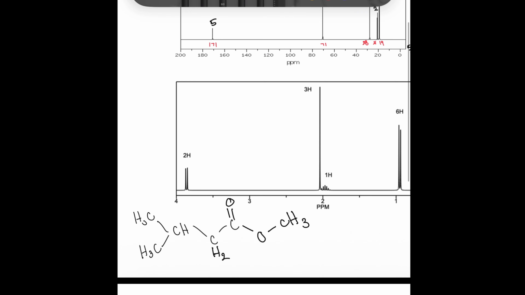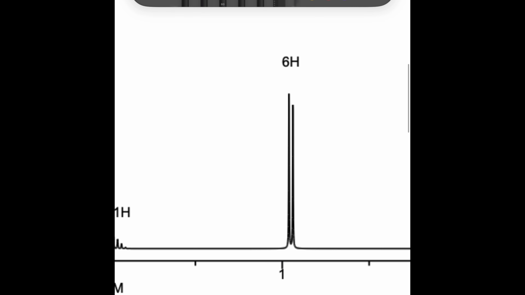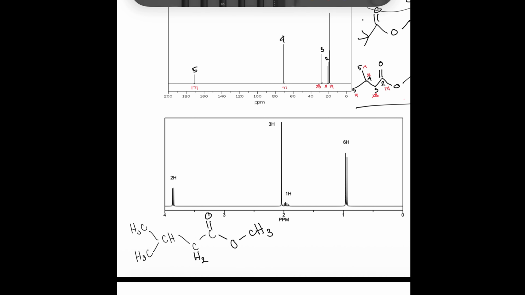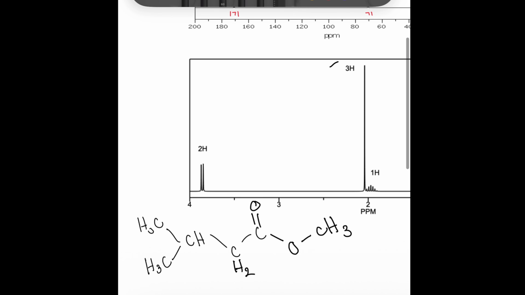All right. So we see in this first peak, the 6H, that there are 2 peaks. The 2 carbon atoms at the end right here are signified by this double peak in the 6H.